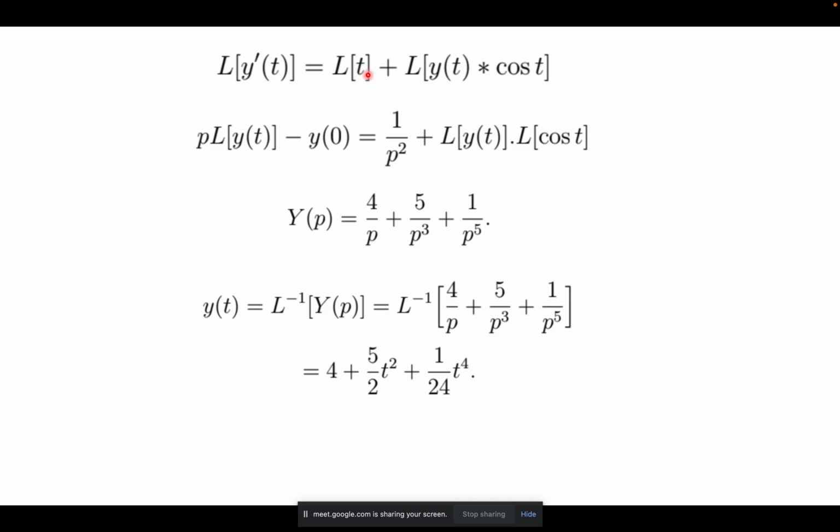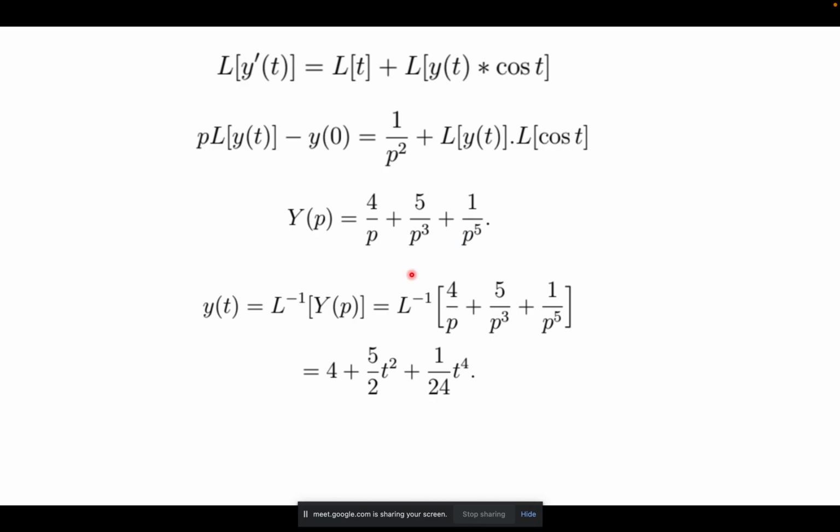L of t will be 1 upon p square, and here you can write the integral as a product of the Laplace transforms of two functions using the convolution property. Doing the same business as earlier, we can express the Laplace transform directly in terms of p. So Y(p) will be 4 upon p plus 5 by p cube plus 1 upon p power 5.